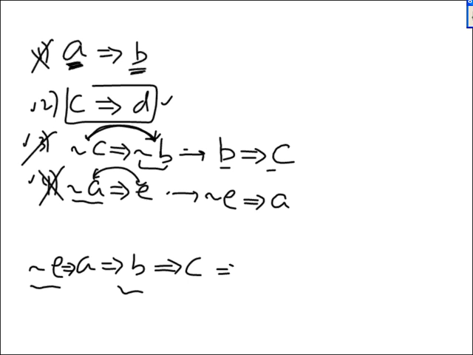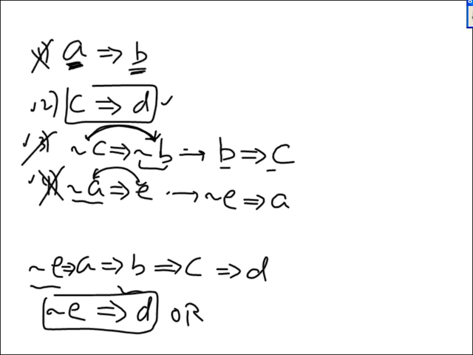C implies D. So the conclusion is not E implies B. Or for the record, anything logically equivalent to this is also a valid answer.